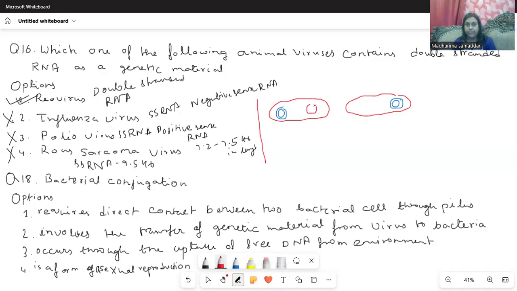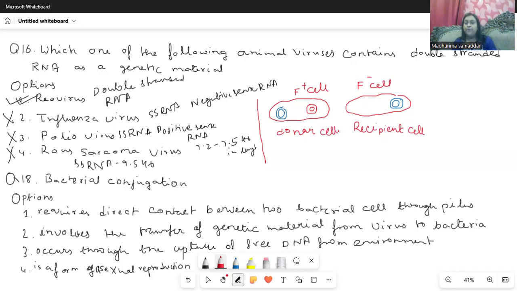Two strands are there. As it is having the plasmid or F factor, it is an F plus cell, and it is the donor bacterial cell. The other is not having it, it is an F minus cell. It is the recipient cell.